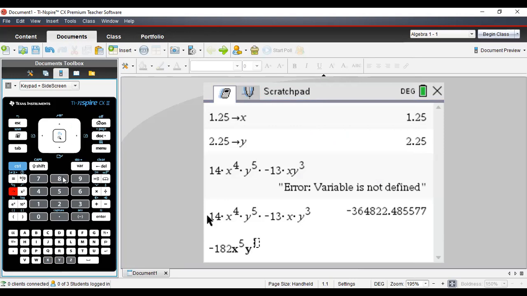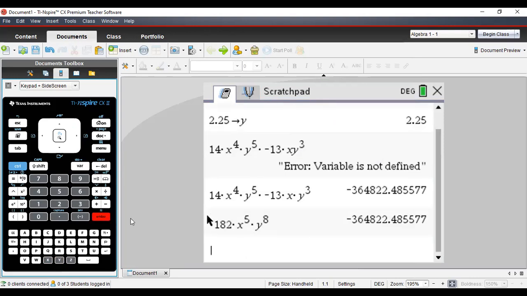Then press enter. And you can see that they match. So I'm confident that what I did for the simplification is right.